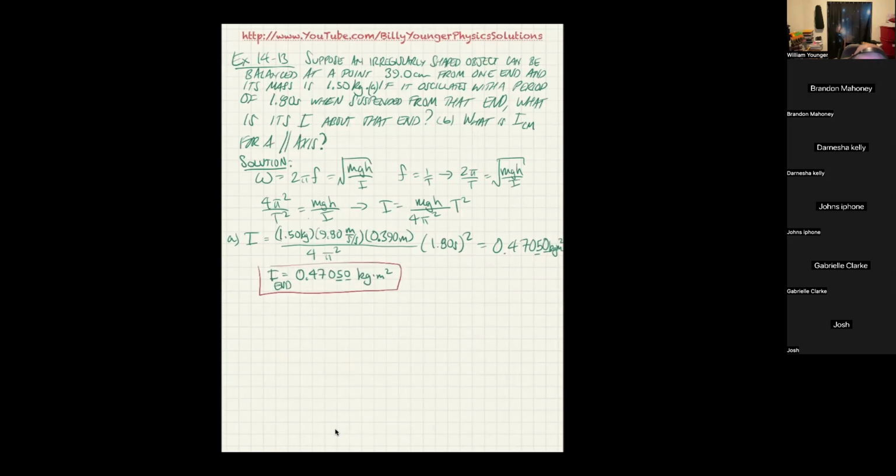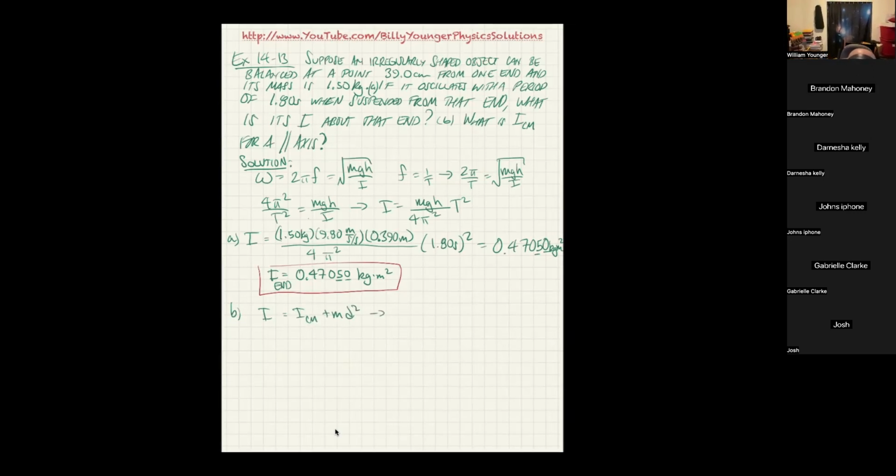Now, part B, they want to know what is the moment of inertia about the center of mass using an axis parallel to that other one. So the parallel axis theorem tells us that I is equal to I center of mass plus m d squared, where d is the distance from the axis to the center of mass.